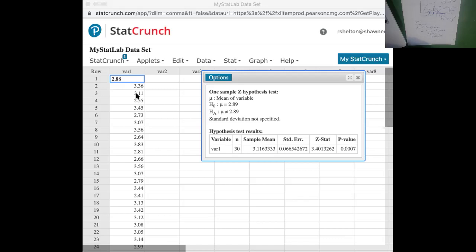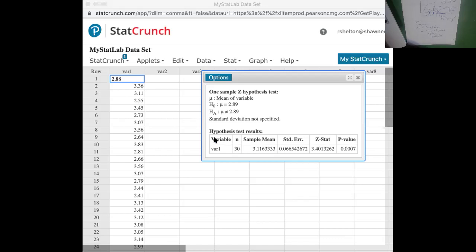Instead of saying it's either 0 or not 0, they want you to say it's either 0 or it's more than 0. So the null, H0, is mu equals 0. The alternative hypothesis, HA, is mu greater than 0.